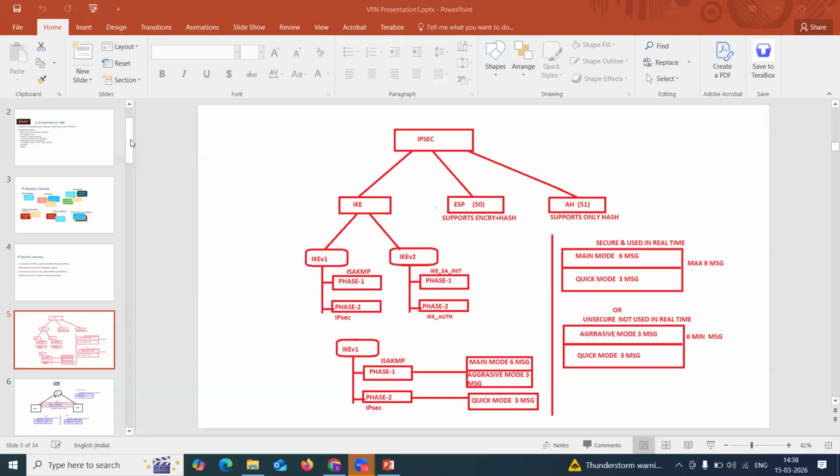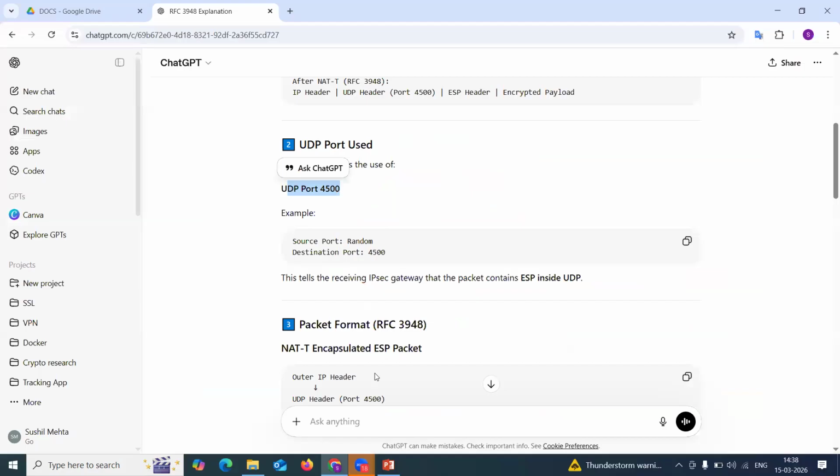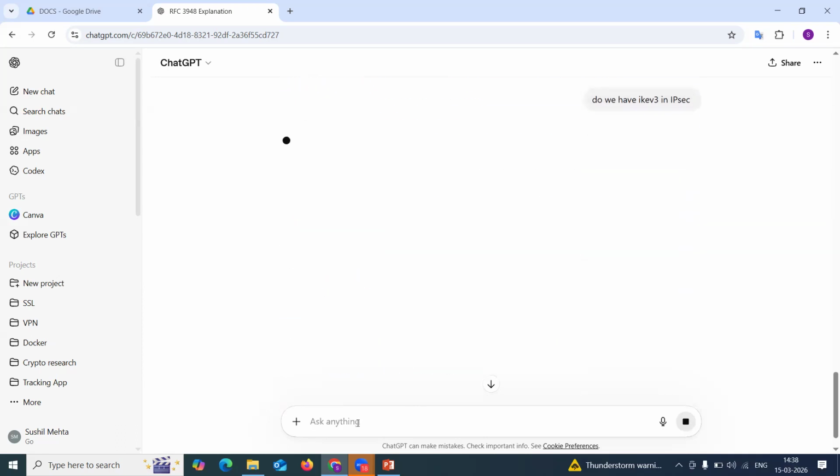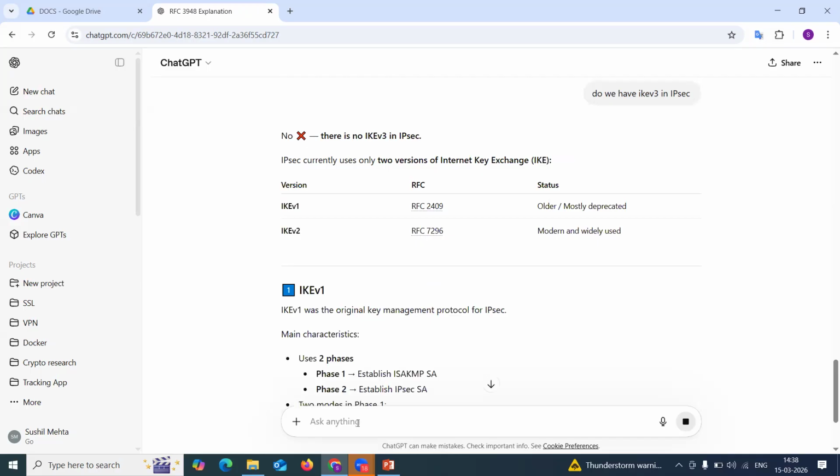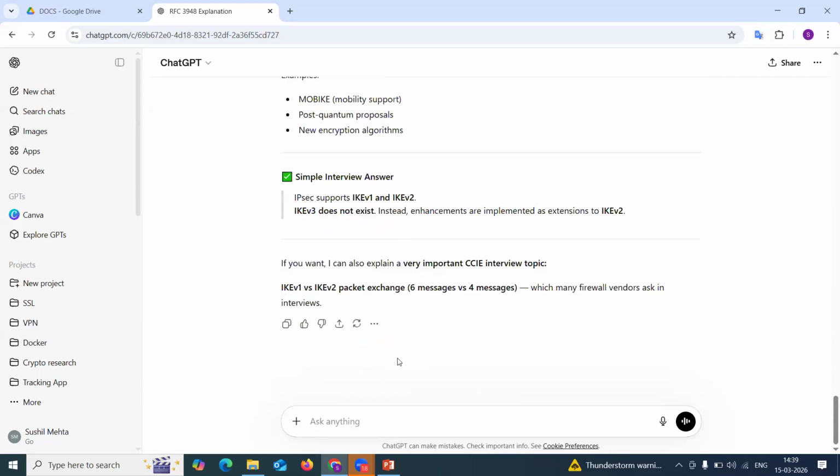Let's ask ChatGPT. Do we have IKEv3 in IPsec? No, there is no IKEv3 in IPsec. IP security has only two versions as of now, IKEv1 and IKEv2. Okay, another question.